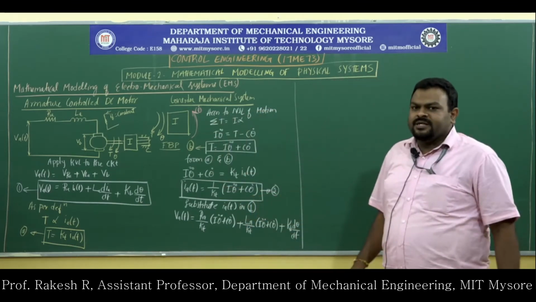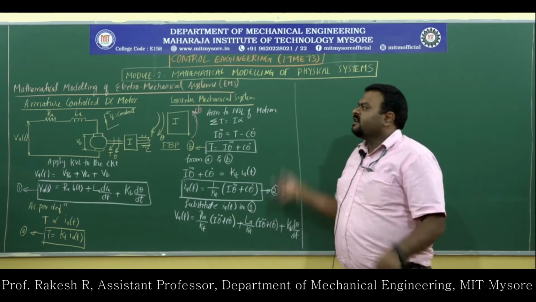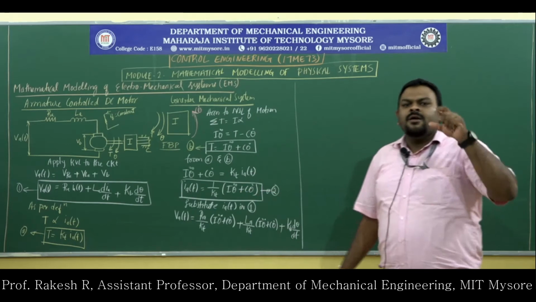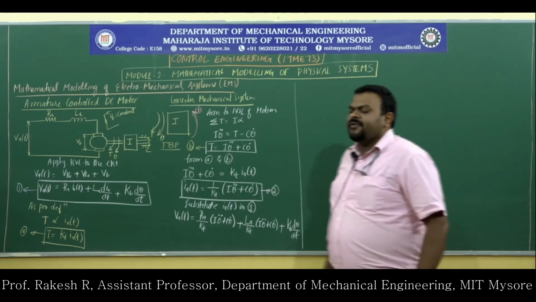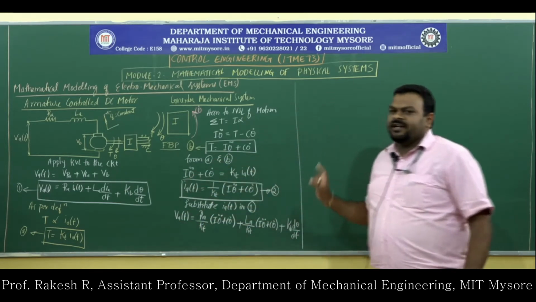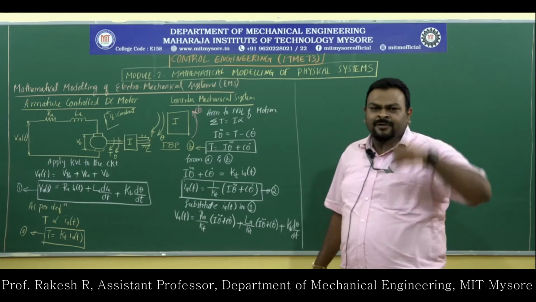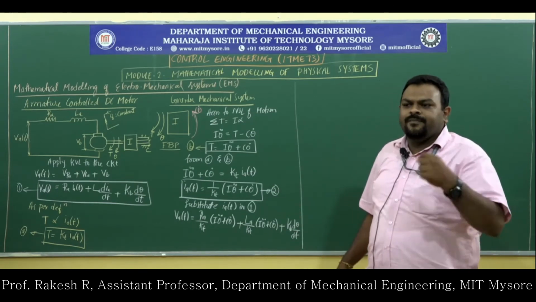Here the output variable is theta, that is the rotation of the motor, and the input variable is the voltage across the armature, that is VA of T. We have written the expression in terms of input and output quantity. Now it is ready to obtain the final model.